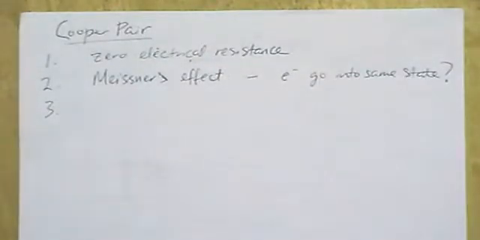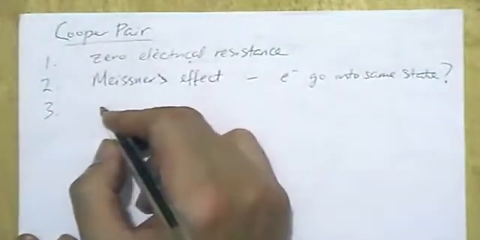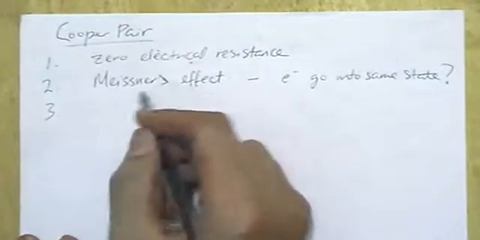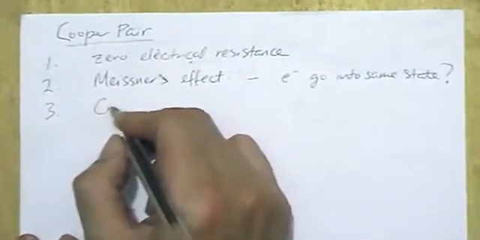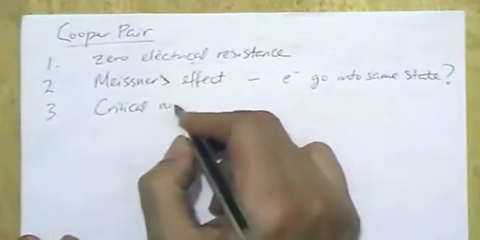The next item, number 3, that would be the property that there is a critical magnetic field.